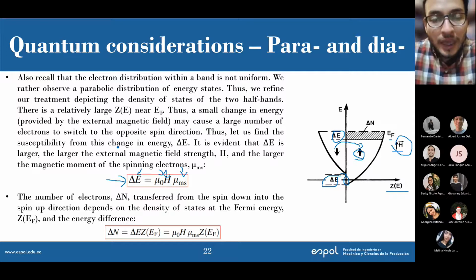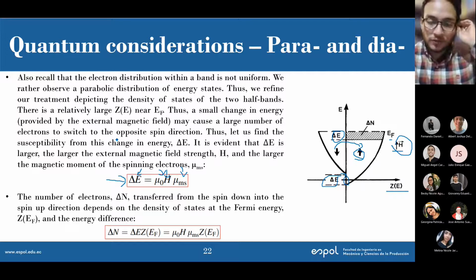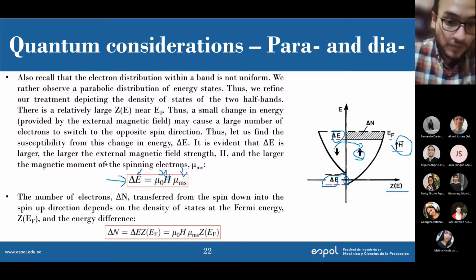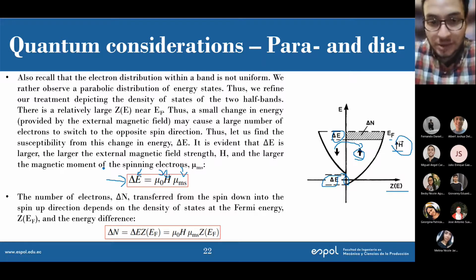Now, can I get the number of electrons that actually transfer from one half to the other? Yes. I can get the electrons that change from, let's say, a spin down to a spin up. And that also depends on, as you can see just from the graph, the density of states at the Fermi energy and the energy difference.